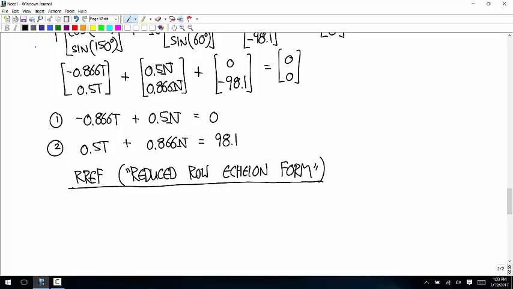The first thing we have to do is write these equations with all the variables grouped on the left, and all the constants grouped on the right.